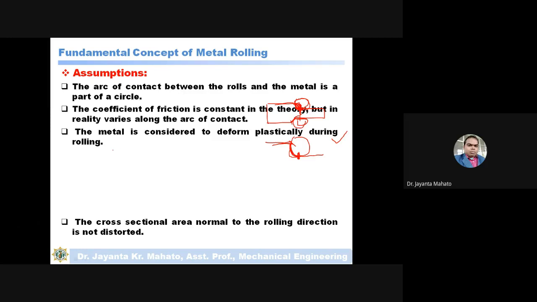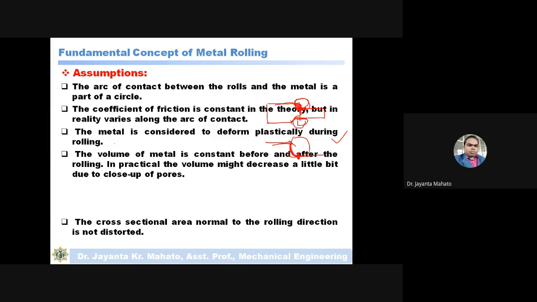Because if the material deformed elastically, then after passing from the roller, the material would come back to its original size. So we consider that the material gets plastically deformed. This is nothing but a permanent deformation. Plastically deformed means the material gets permanently deformed. The deformed material cannot get back to its original size. So this is also another consideration.